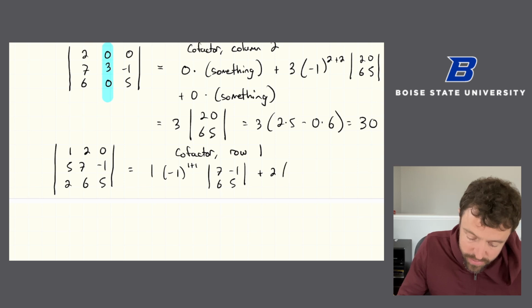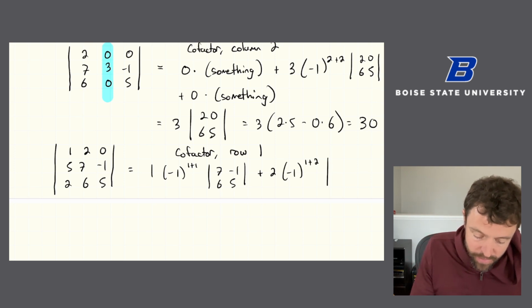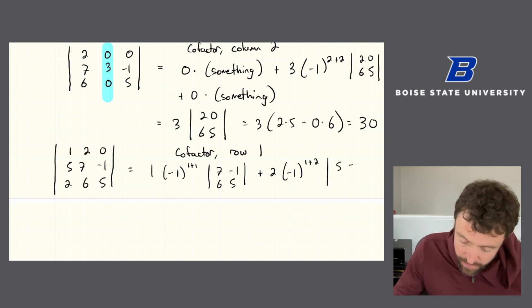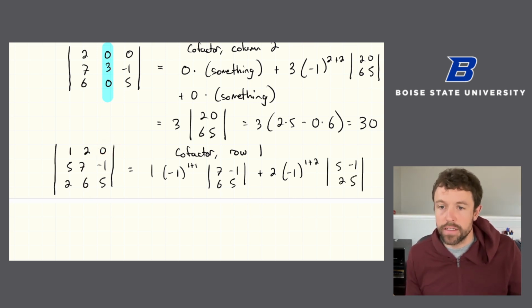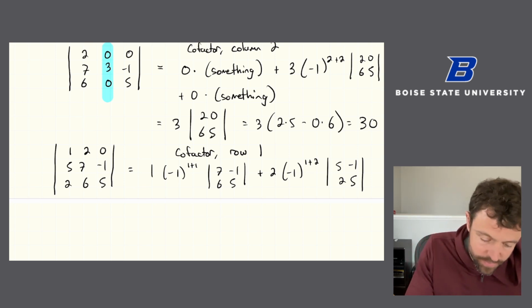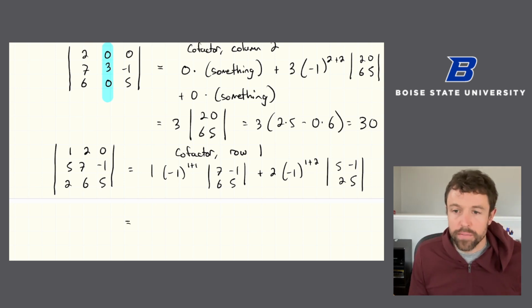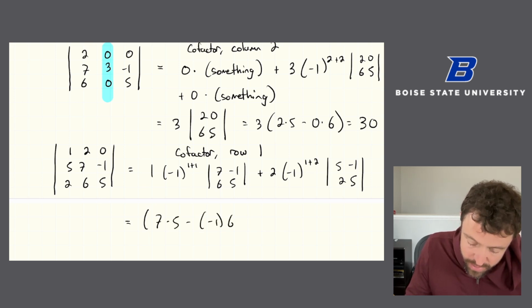Plus 2 times maybe -1 times the minor. And I'm not going to write out the third term this time, right? The 0 is going to disappear. Now, this whole first part is just 1, and so I get just this determinant, 7 times 5 minus -1 times 6.